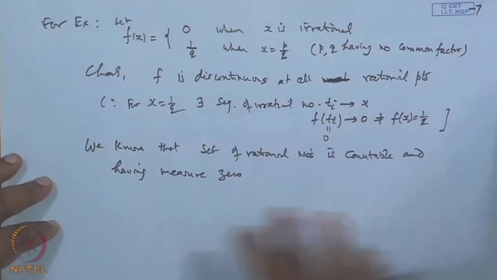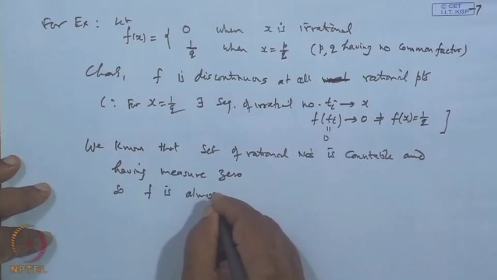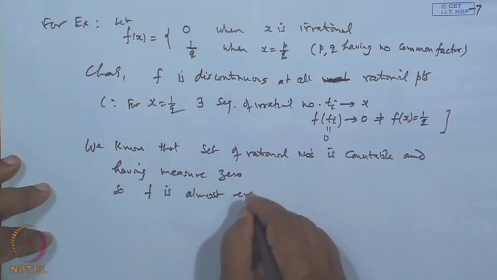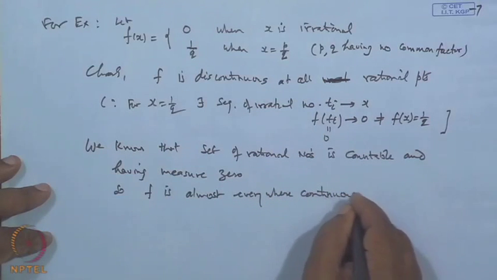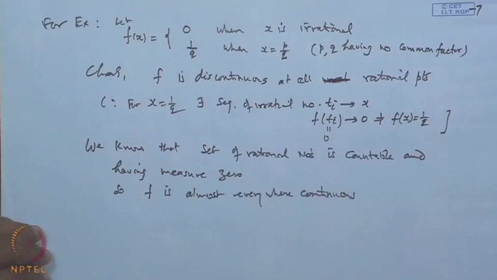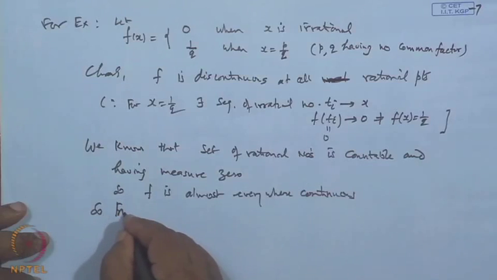So, once it is countable and of measure 0, the function f is almost everywhere continuous, because the points where it is discontinuous form a set of measure 0, and by the result, a function f is Riemann integrable if and only if it is almost everywhere continuous.